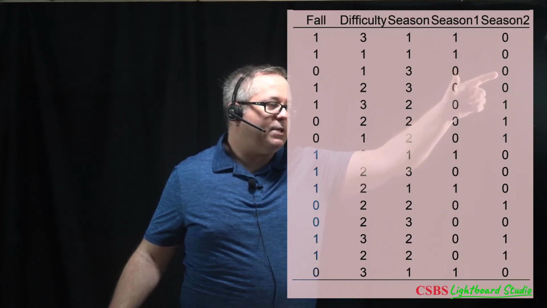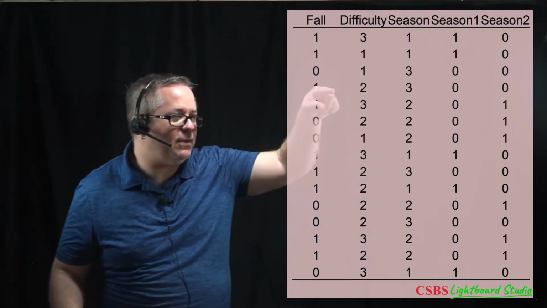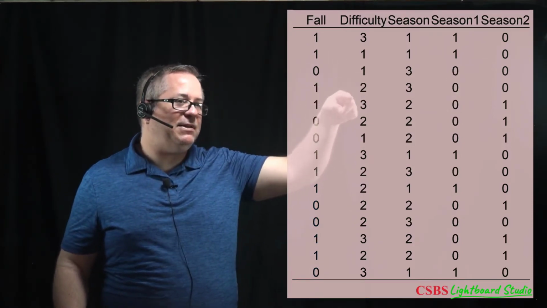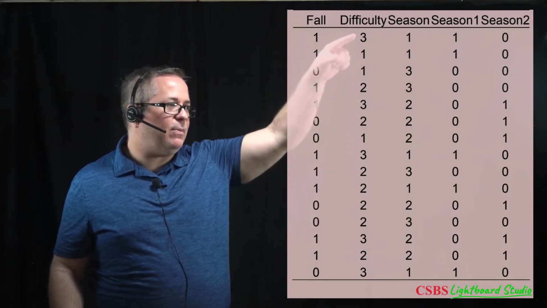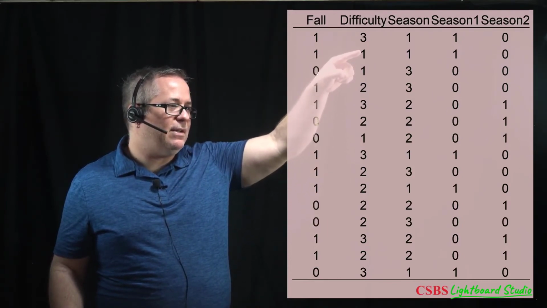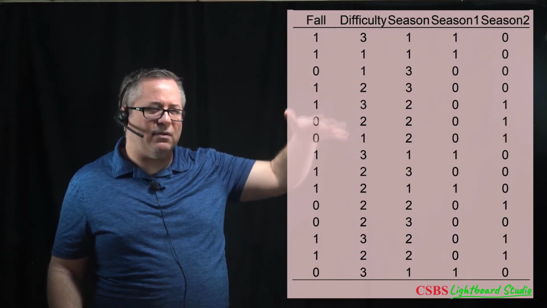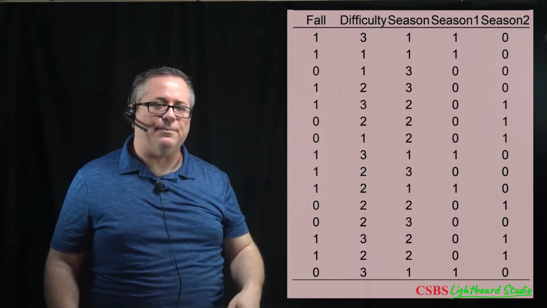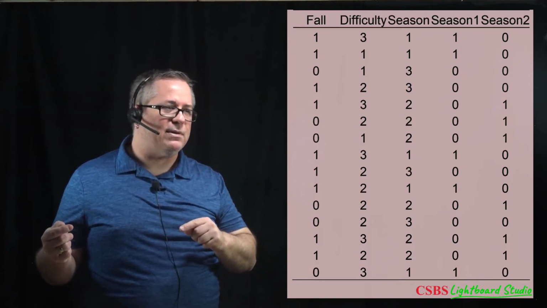So if you're skiing in spring, and you're skiing on a difficulty level that is even easier than easy, because if 3 is the most difficult and 1 is the easiest, 0 is going to be easier than easy. It doesn't actually exist here, so it's really an extrapolation to a point that doesn't really exist on the predictor.